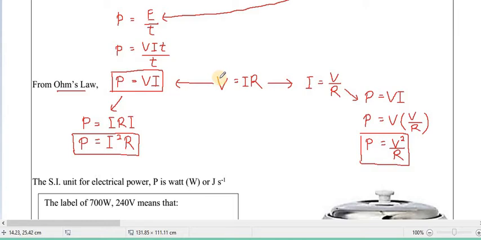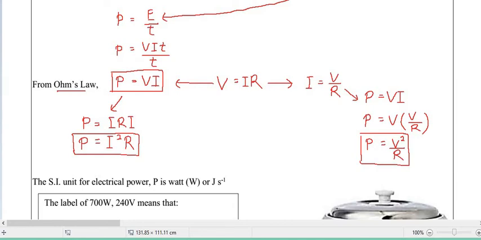Just now you didn't know it, now you know, and then put it into P equals VI and you can still get the power. You get the idea or not? So it's not necessary to use P equals I squared R or P equals V squared over R. It's just that if you know how to use these two, it will be more convenient for you. Understand? Okay.